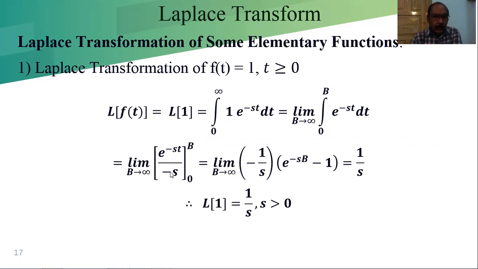We can take common out 1 by minus s, and from that e to the power minus sb minus 1. At the lower limit, e to the power 0 is 1, so minus 1. From the limit we will get this to be 0. So minus 1 by s times minus 1, we will get 1 by s. Therefore, we can write Laplace transformation of 1 equal to 1 by s, and s greater than 0.